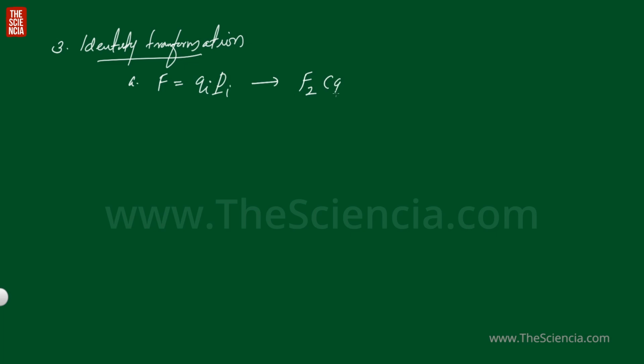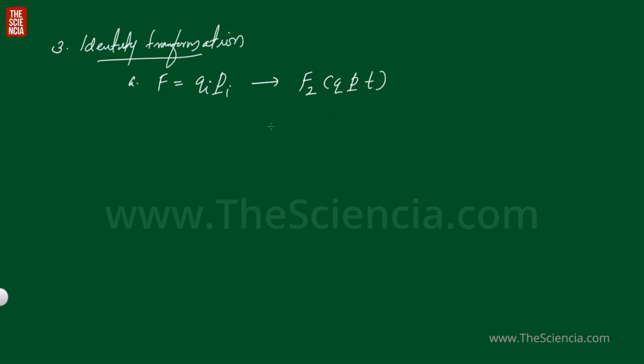Third example, identity transformation. First problem, the generating function is given, that is F equal to qᵢPᵢ. So what is this generating function? This is nothing but F2, that is F2(q, P, t).